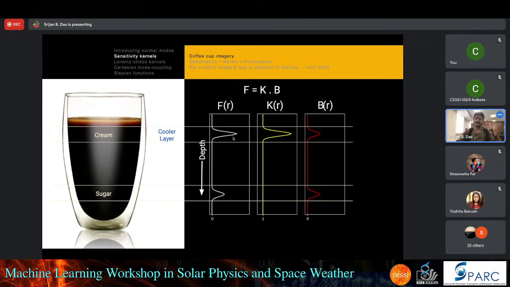And to me, this is nature's way of telling that, look, you cannot look beyond this. There has to be some way of intuitively thinking that if the sun is an opaque surface and you cannot see something, as you go deeper and deeper, of course, the sensitivity has to reduce. So kernels essentially emulate that, at least for P modes.